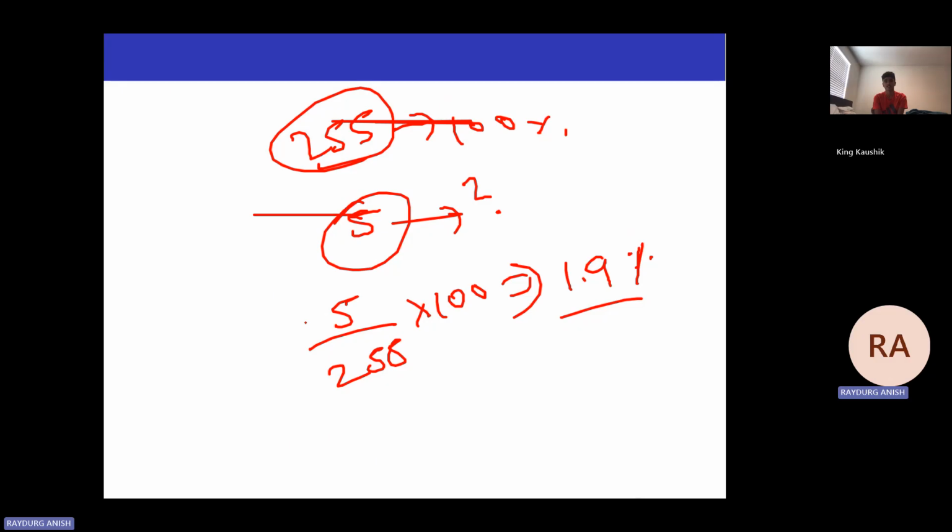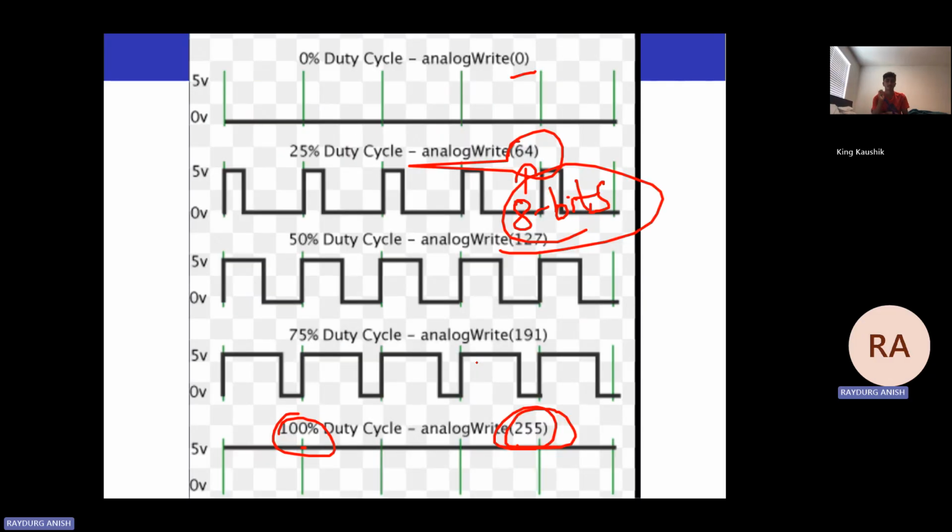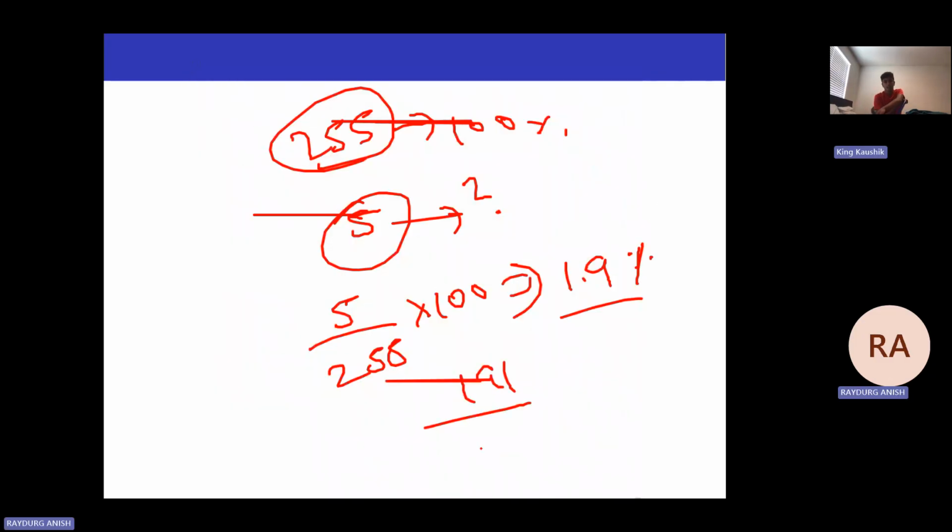Yeah, I used a calculator. I knew it. Now I want you to tell me the value for, let us say, 191. 191 divided by 255 into 100. 75%.